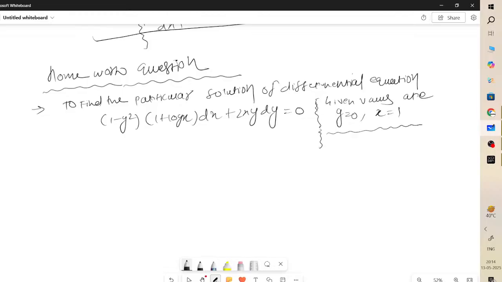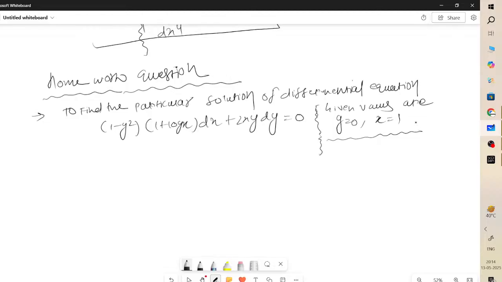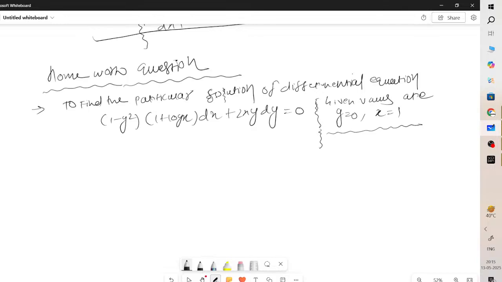Here this is our required value. So you have to attempt this question on your own, try to do some brainstorming, or attempt it 1 or 2 times. You will definitely get the solution for this question.